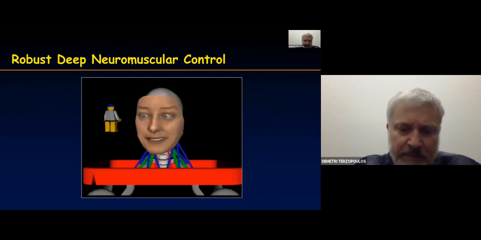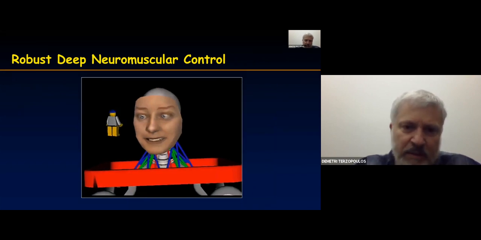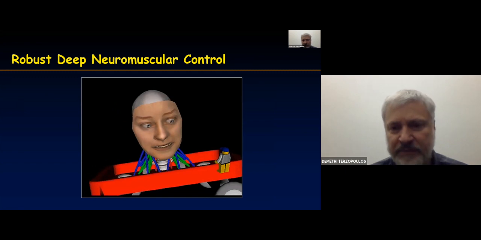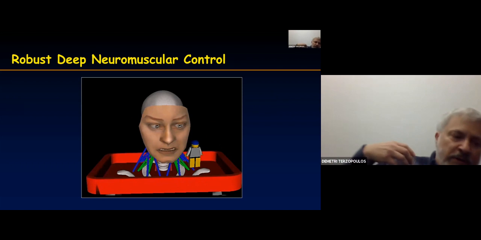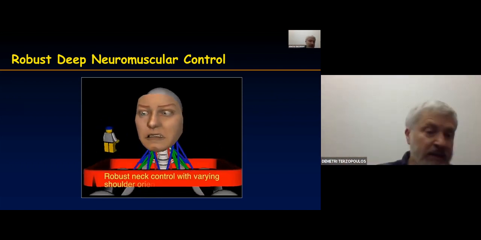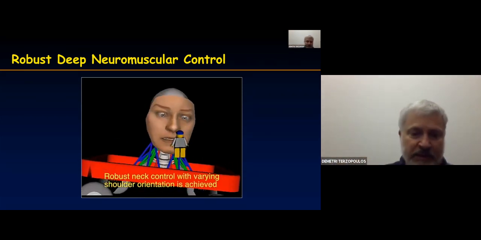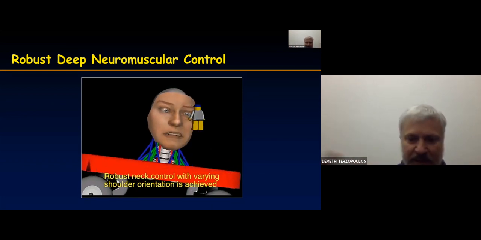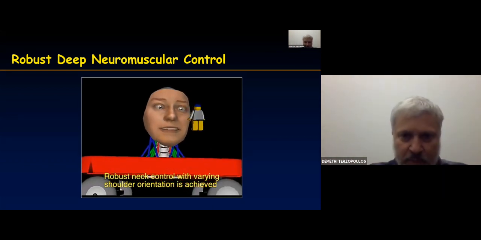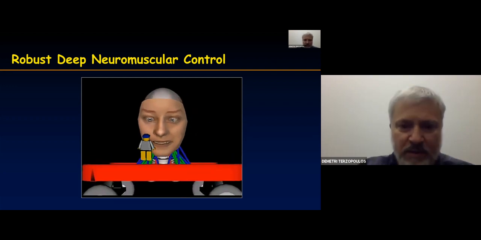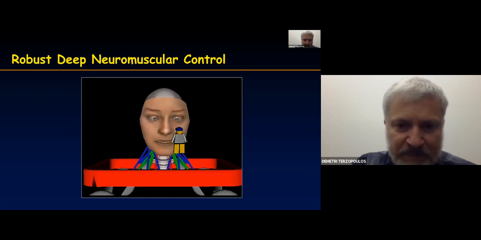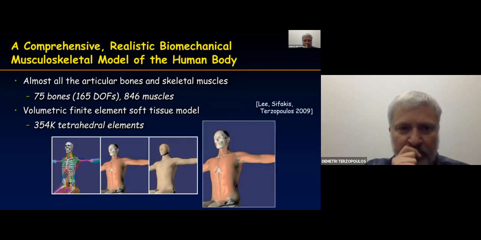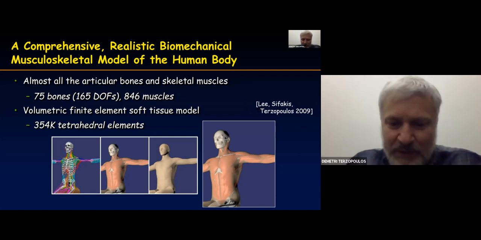Even with that simpler type of deep model, the system can now control itself in multiple poses. So you basically have to train it for various body poses as well as for head orientations in a particular pose. So it increases the complexity of the model quite a bit. But you could see much more stable and robust control using deep neural networks. So that was a big success for us.